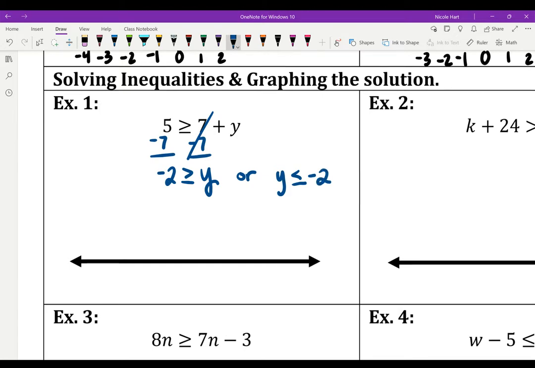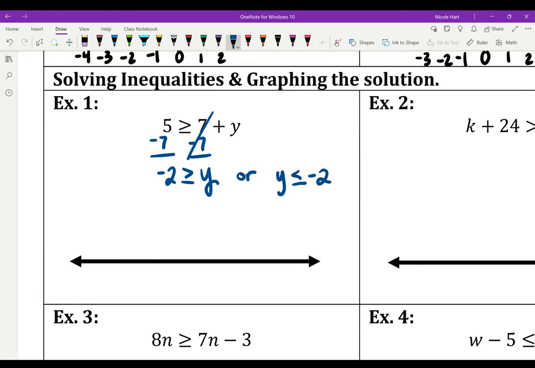And so this reads y is less than or equal to negative 2. That's just easier for some people to read versus negative 2 is greater than or equal to y. It does not matter to me which you choose to use. Like I said, some kids just prefer to have that variable on the left-hand side.